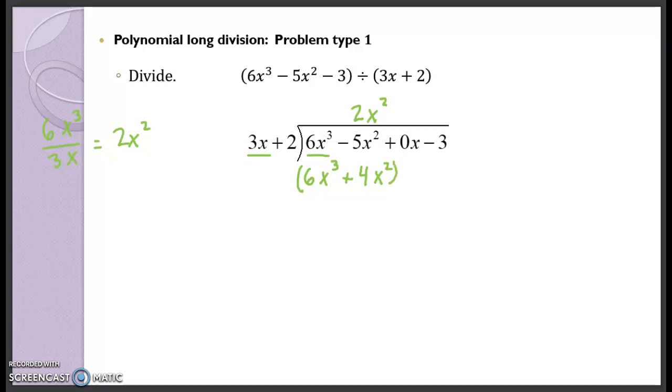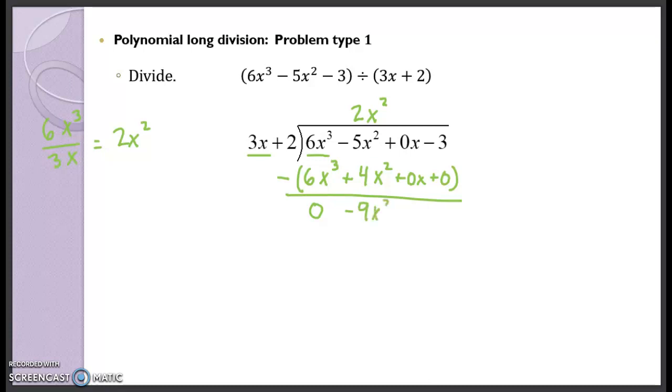Now remember, you can also think of this as I had nothing to add in the x column, so plus 0x and then plus 0. And I'm subtracting these. This becomes 0, and then negative 5x squared minus 4x squared is negative 9x squared.